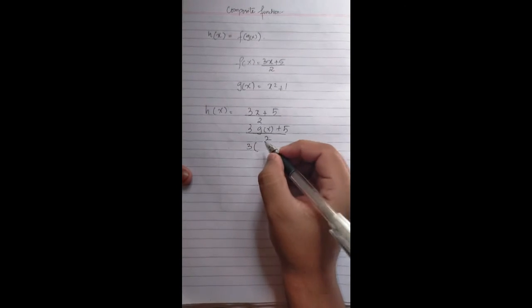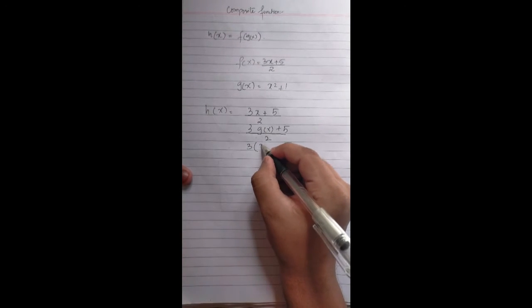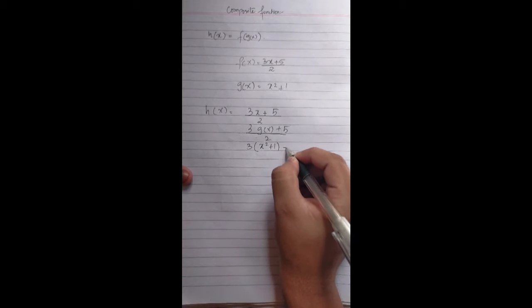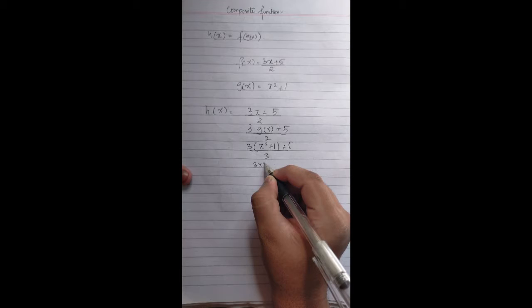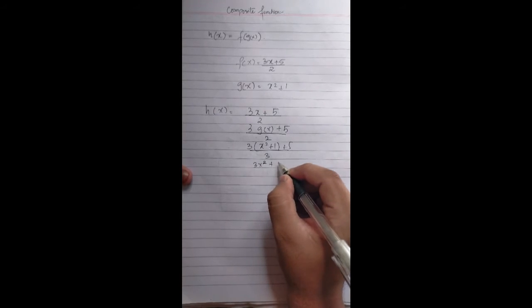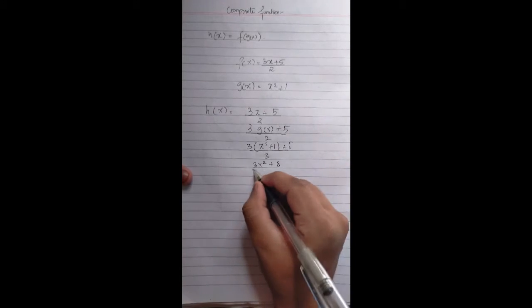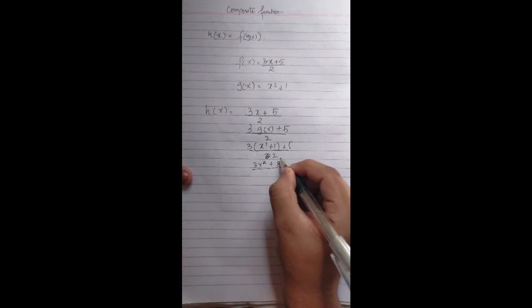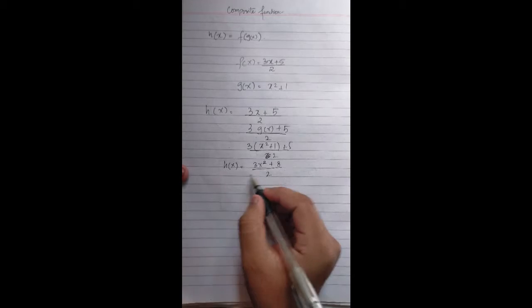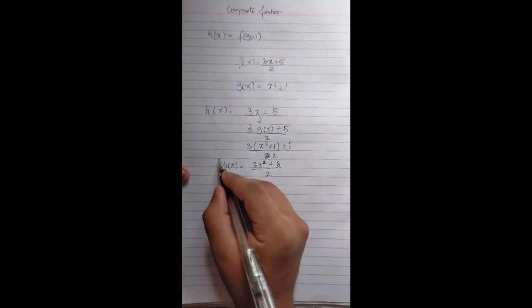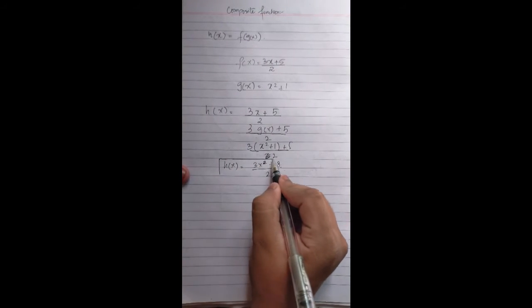Now I will put the function g of x here: (3(x square plus 1) plus 5) over 2, which is (3x square plus 3 plus 5) over 2, so h of x is (3x square plus 8) over 2. So the new composite function is this.